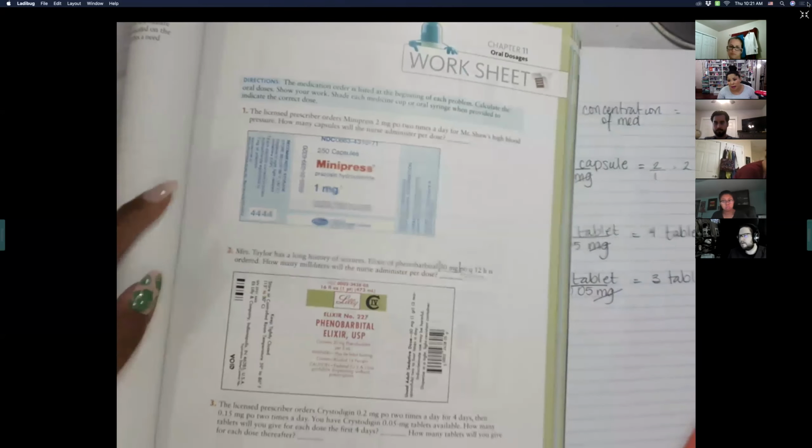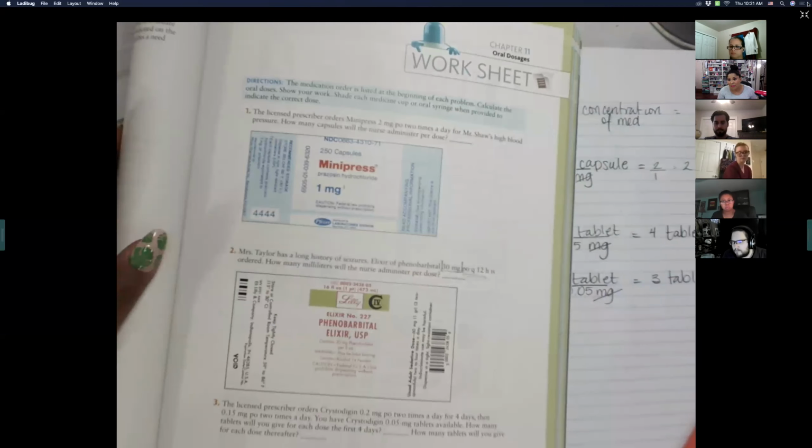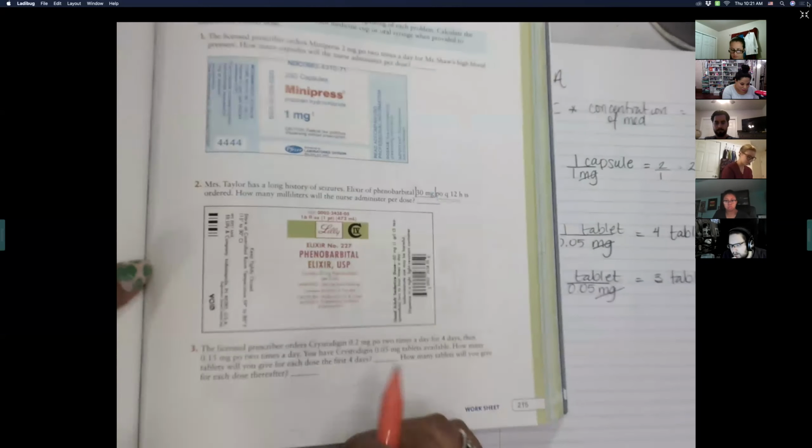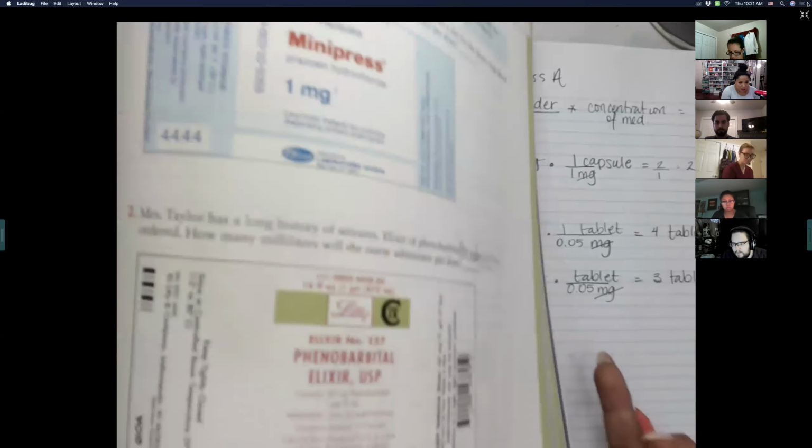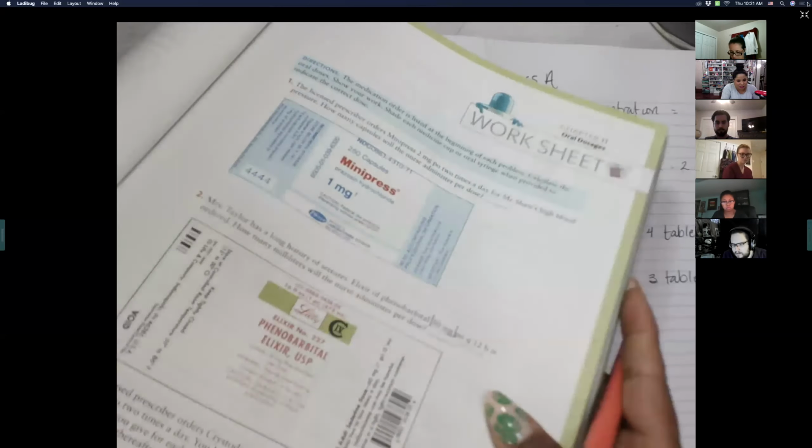Go buy the dollar magnifying glass, please. If you love your eyeballs, just spend the $1. It's very fine, tiny print, but right here, and again, I apologize for this camera. I don't know why it's being difficult today. But right here, it says 20 milligrams per 5 milliliters.